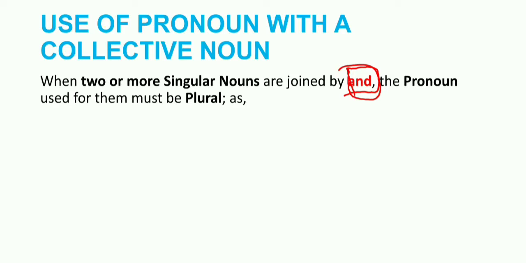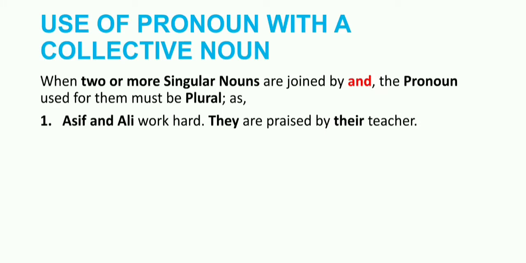Look at the example: Asif and Ali work hard. There are two nouns, one is Asif and the second one is Ali, joined by and. They are praised by their teacher. The pronoun is used in this context in the plural number.